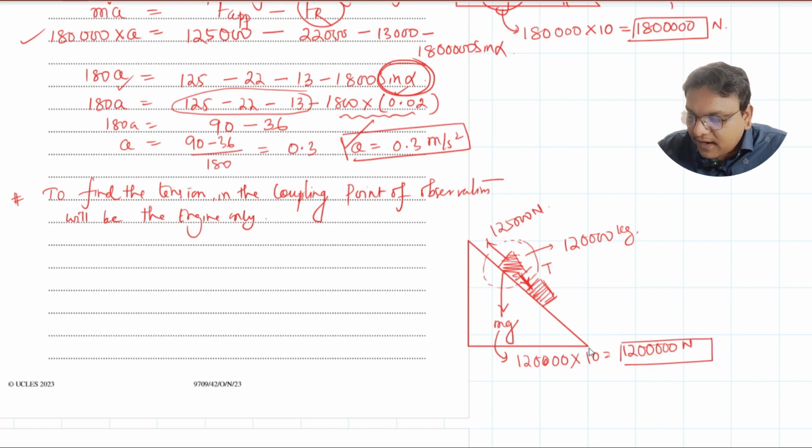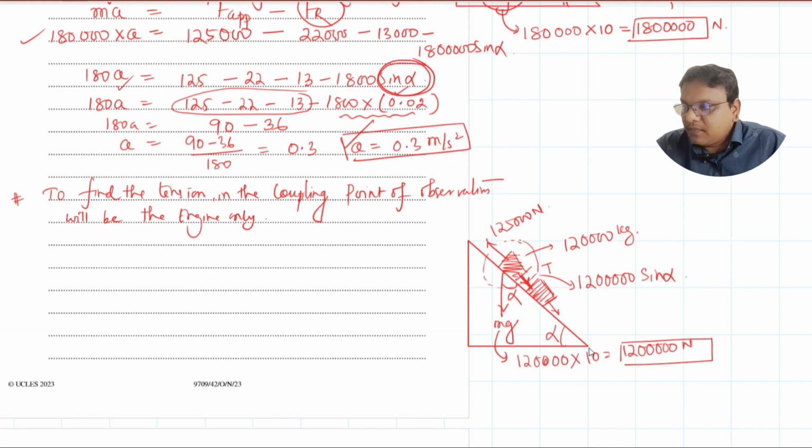If I try to find the horizontal component backwards, one more force will come, because this angle is given as alpha, right? So this backward component will be 1 2 with 5 zeros again, times sine alpha.